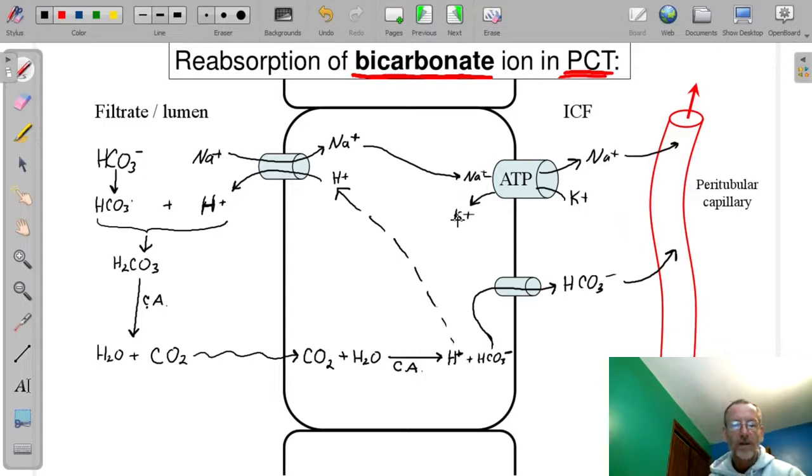So start with the bicarbonate in the lumen and move that into the cell in the form of CO2. So you have to convert bicarbonate to carbonic acid to split to get the CO2. That enters the cell, you're back to bicarbonate, and then that leaves.